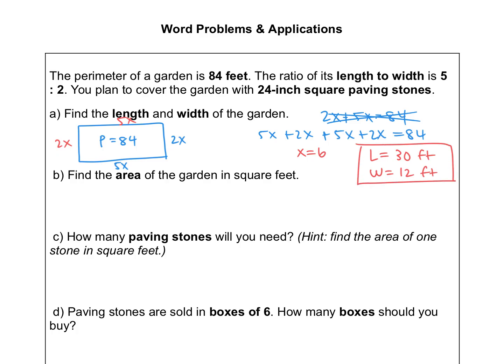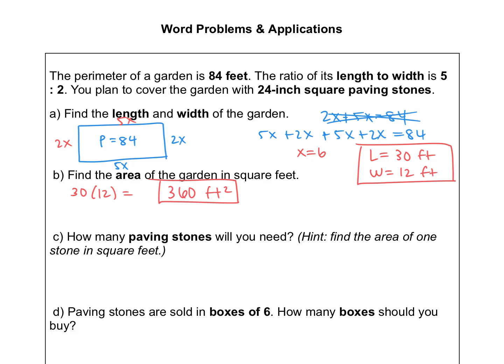Okay, now how do we calculate area of a rectangle? Length times width. So we have our length of 30 and our width of 12. So our area is 360 square feet. Okay. Next, it says, how many paving stones will you need?